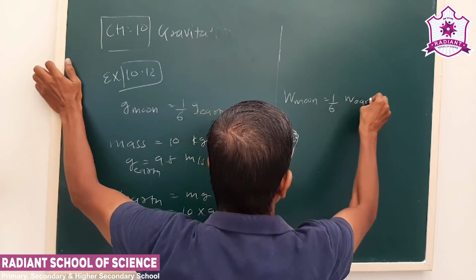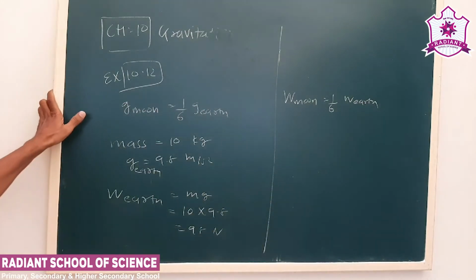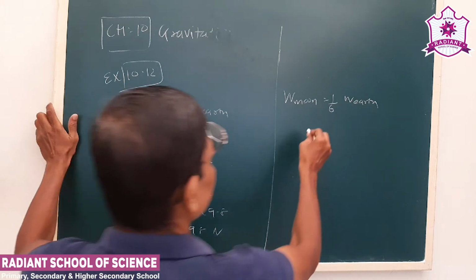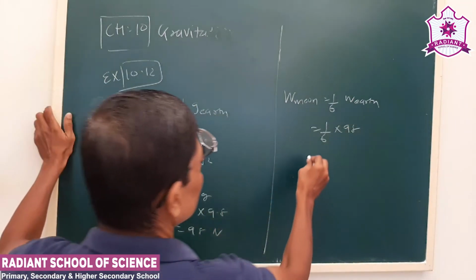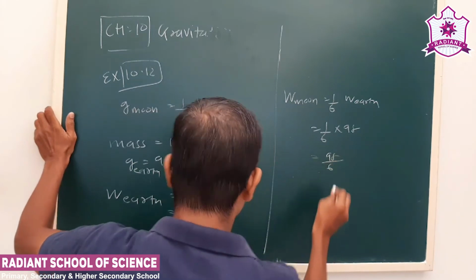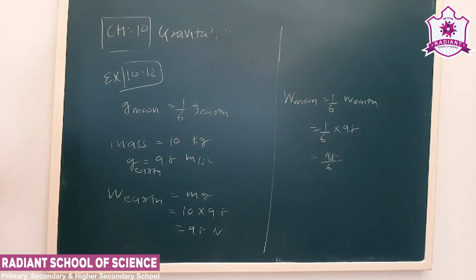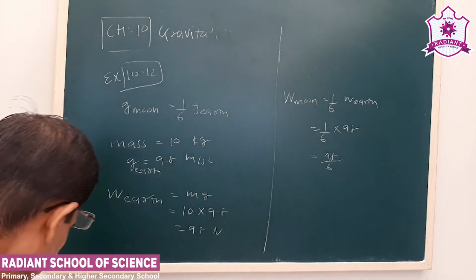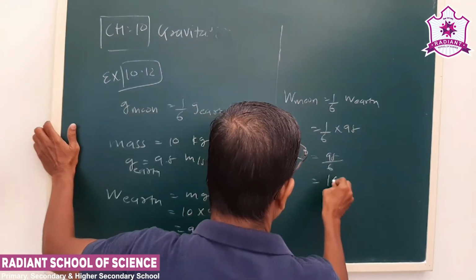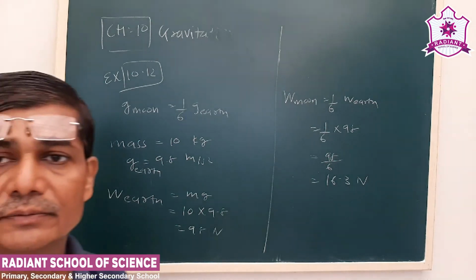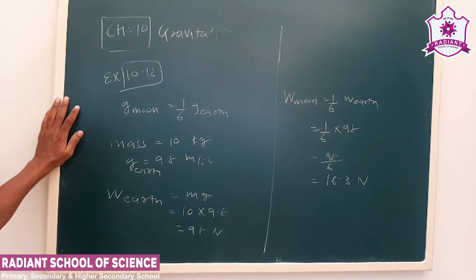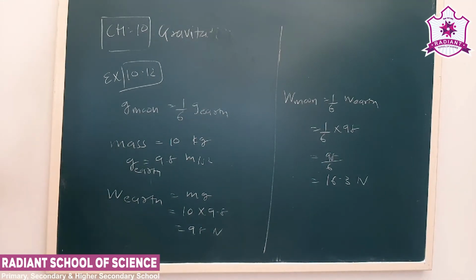The gravitational acceleration is 1/6 times, so 98 by 6. So the weight also will become 1/6 times that on the surface of the earth. So that is nothing but our exercise sum number 10.12.